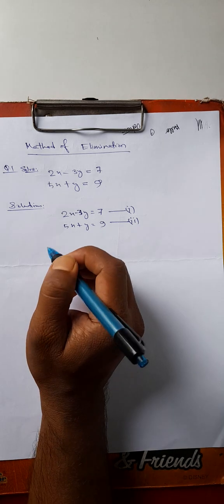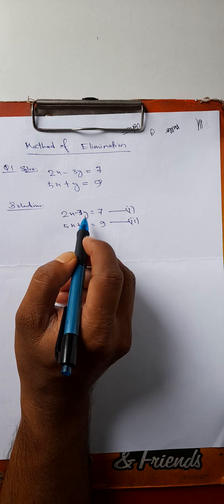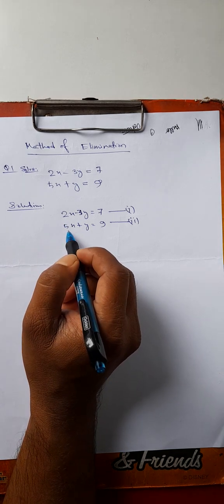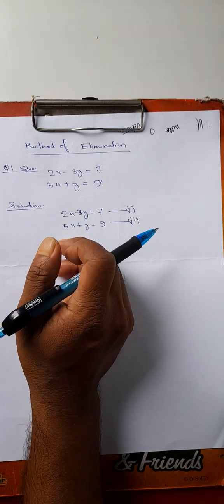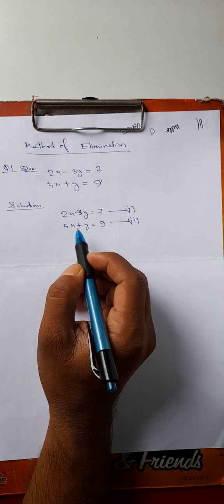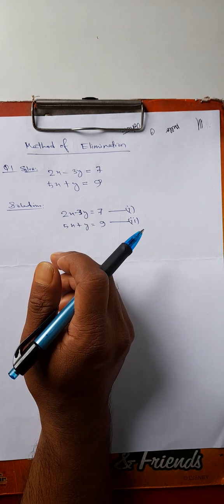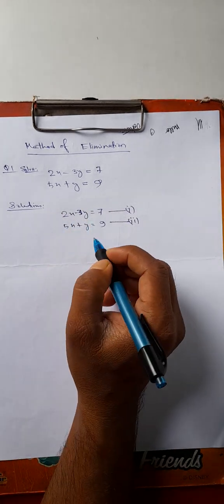So let's see what we will do. You see the coefficient of x is 2 and here the coefficient of x is 5. Both are different. So we will try to make them identical. Then we will see whether we can add or subtract these equations, right?